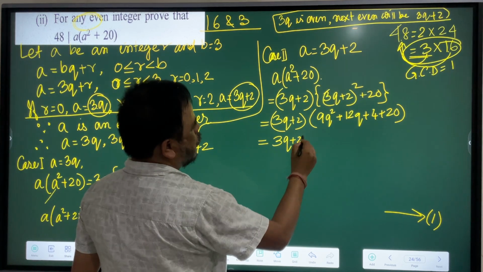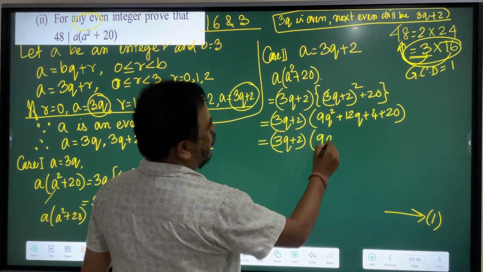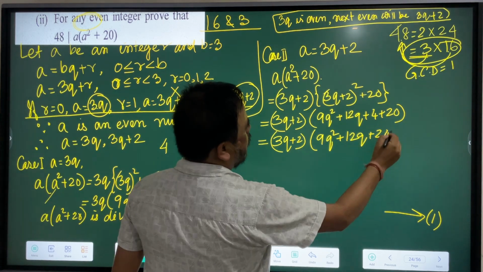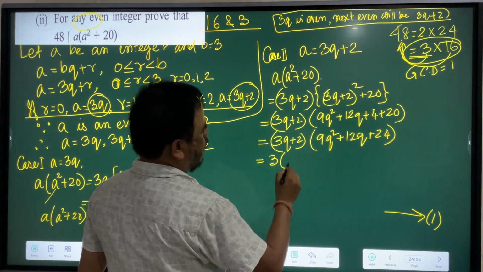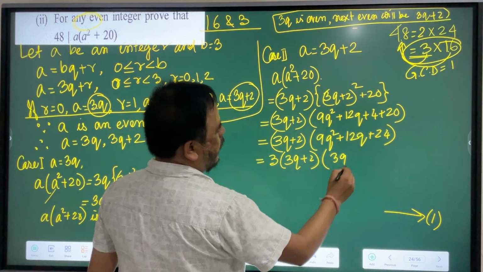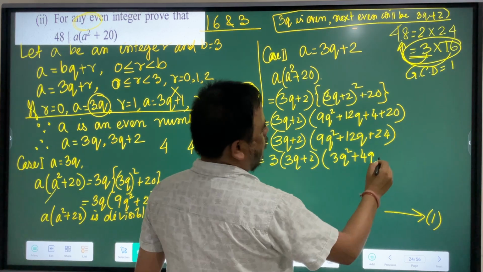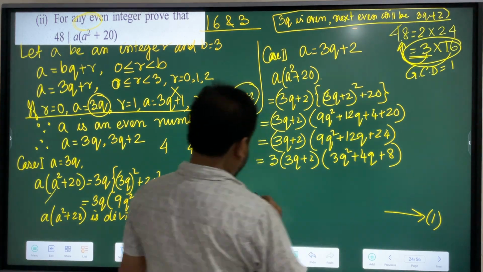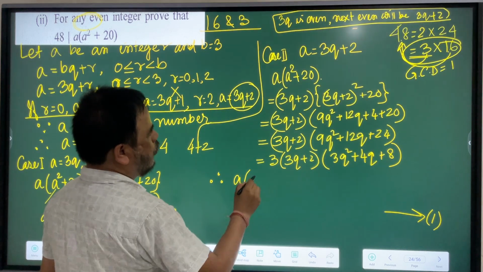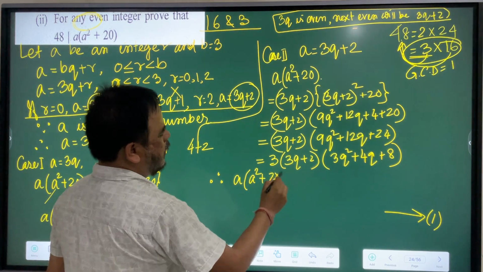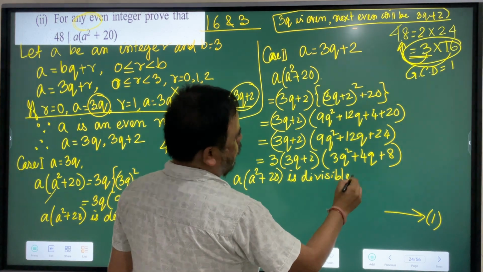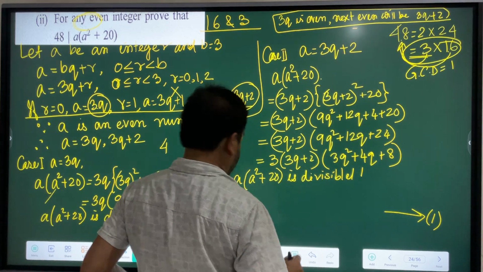So 9q² plus 12q plus 24. So 3 will be taken common because we have to prove it is divisible by 3: 3 times 3q² plus 4q plus 8. 3 3s are 9, 3 4s are 12, 3 8s are 24. So therefore a(a² + 20) is divisible by 3.